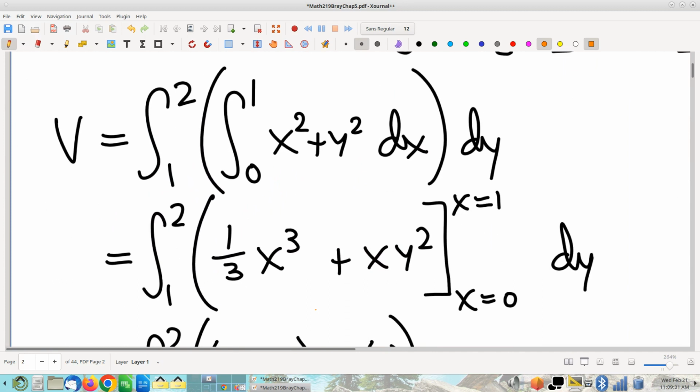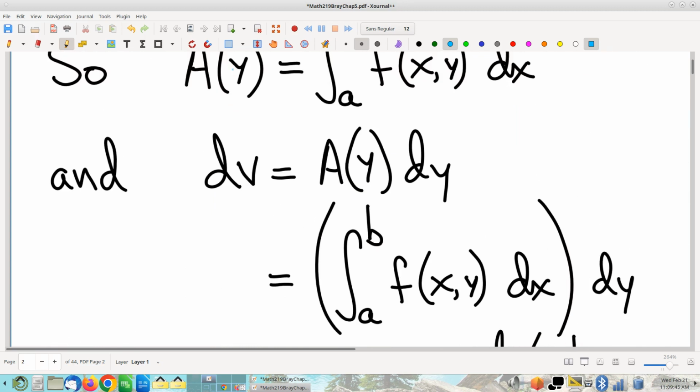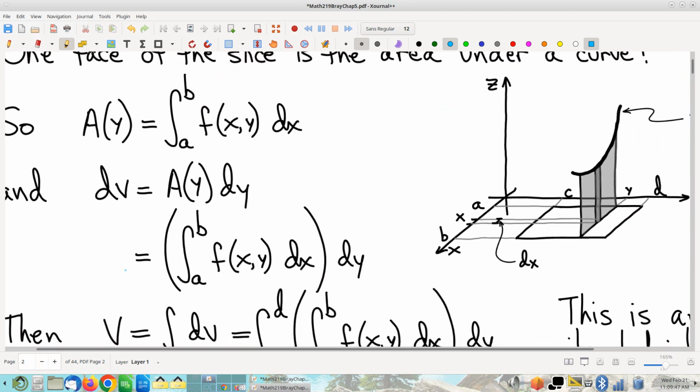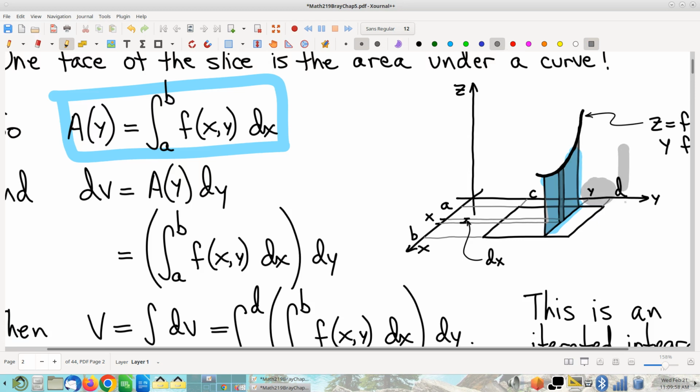The first one is when you're thinking about the inside integral. You're looking at this integral right here. Don't forget where that came from. That came from this picture here. And as I was computing this inside integral, I was computing this area for which y is constant.